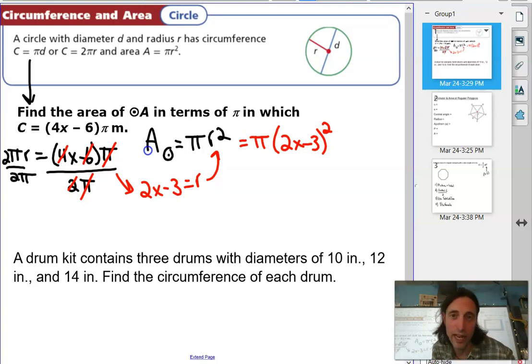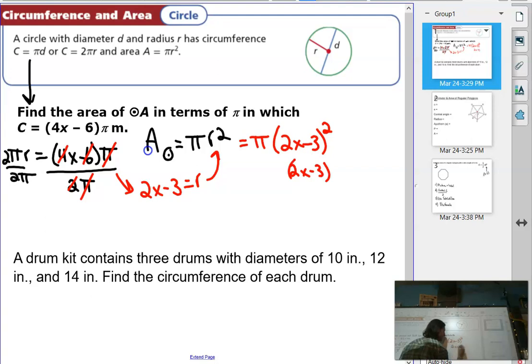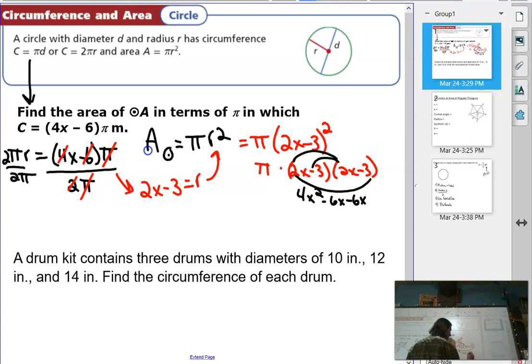If they want you to FOIL it out, I'm sure you have the mathematical skill to FOIL it. This would be 2x minus 3 times 2x minus 3, and I still have pi. First, 4x squared; outer, minus 6x; inner, minus 6x; and then last, plus 9.